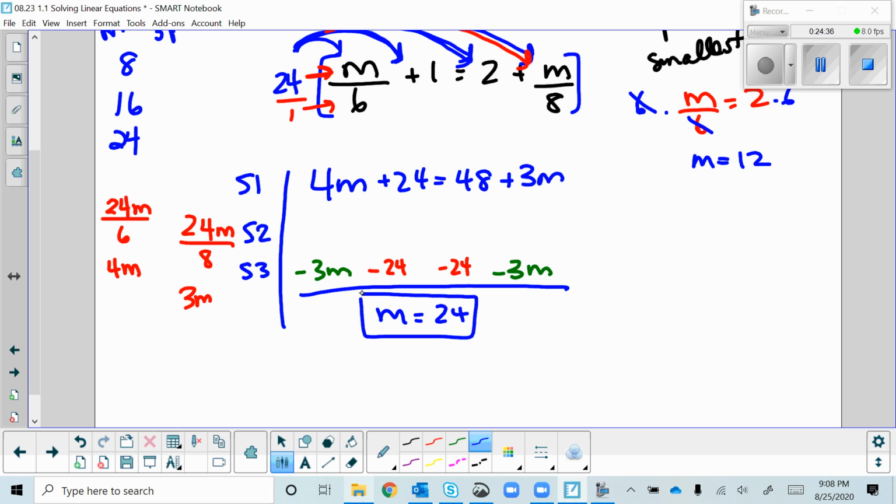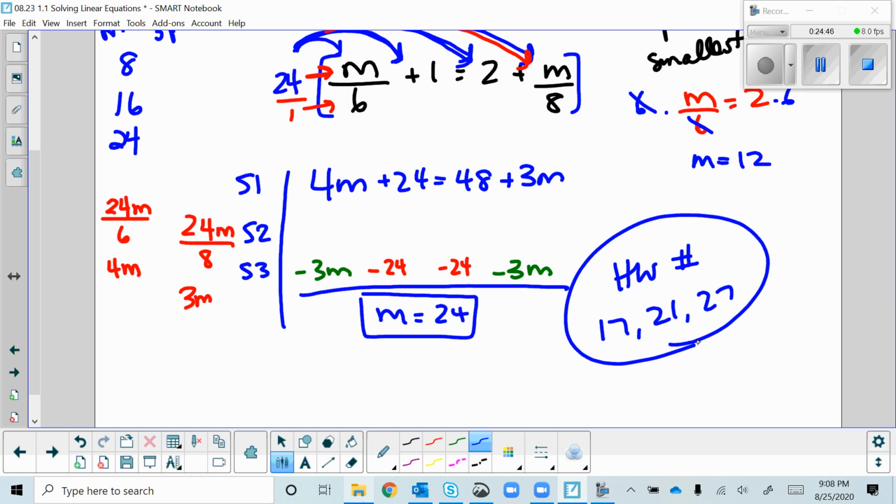And this example is going to be like homework number 17, 21, 27. So the only homework problems I want you to do are the ones I've mentioned in each of these problems. So let me go back and make sure. I want you to do 17, 21, and 27.